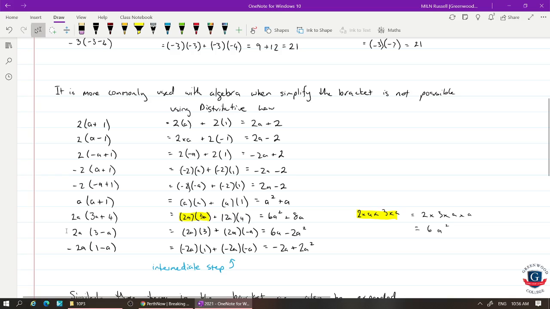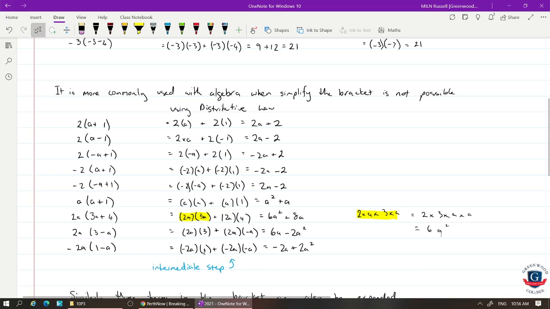Gets a little bit more complicated when we introduce negative signs. So 2a times 3, that's here. 2a times negative a, so that will give us 6a and negative 2a squared. Negative times positive will give us a negative. Negative 2a times 1. Negative 2a times negative a.